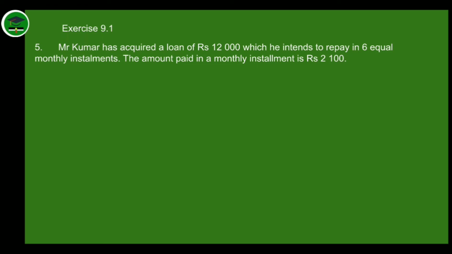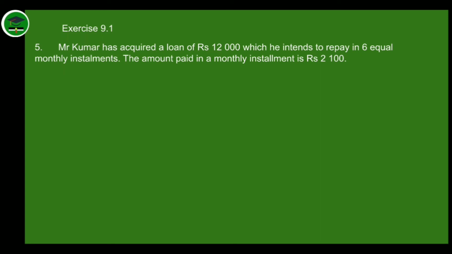The amount paid in a monthly installment is 2,100 rupees. Here you have to collect the data. Loan amount is 12,000 rupees. Time period is 6 months. The monthly installment is given, that is 2,100 rupees.